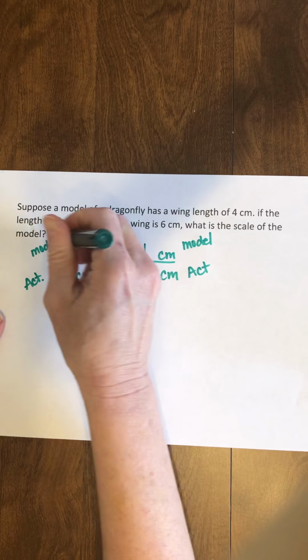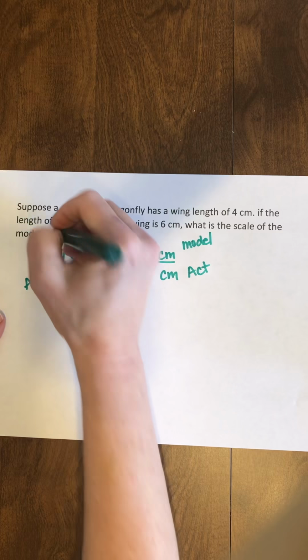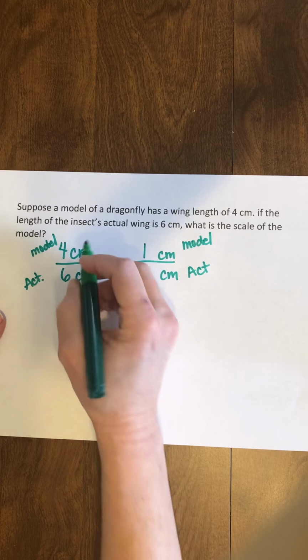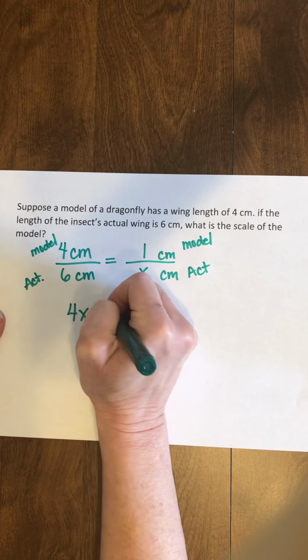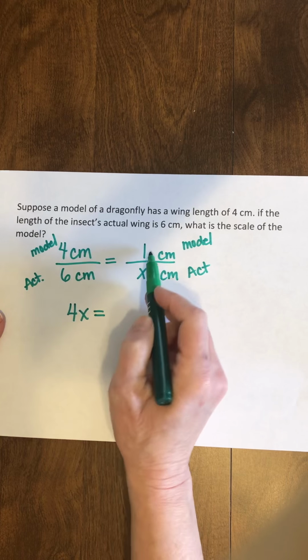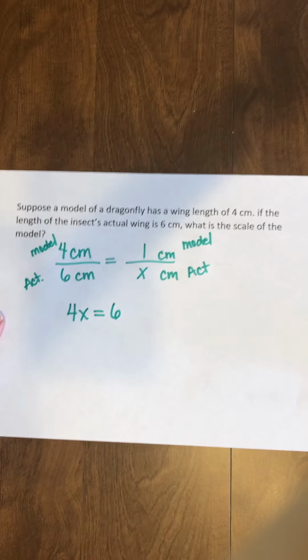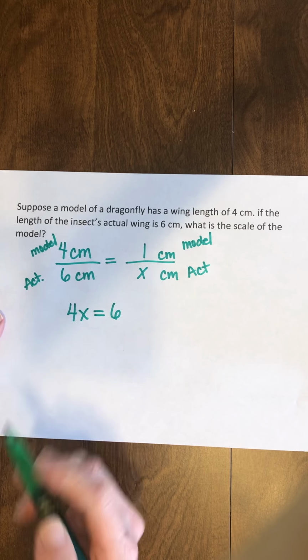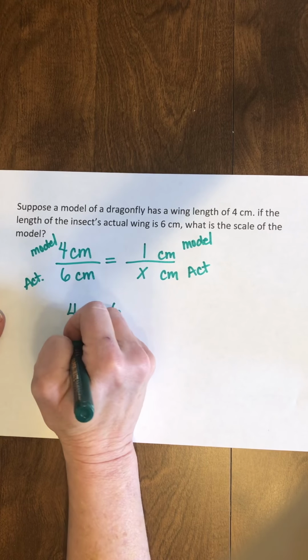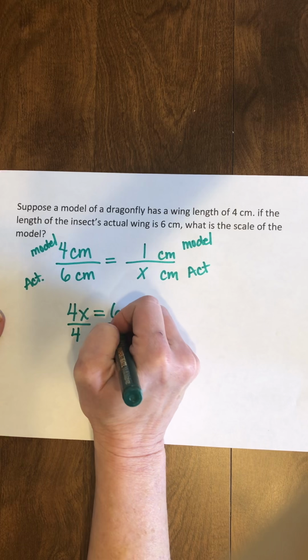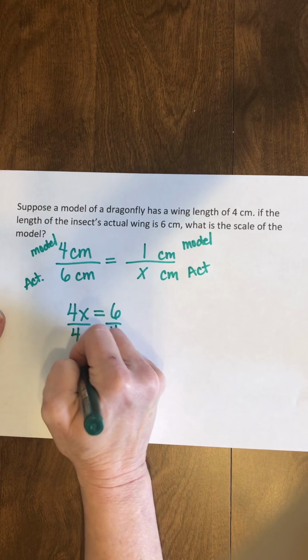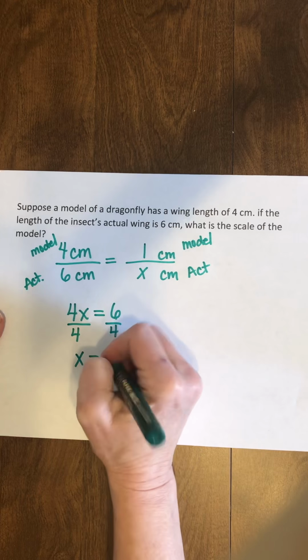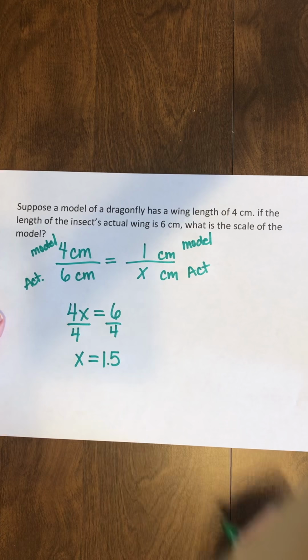So I'm going to cross multiply. I'm going to do this diagonal first. So 4 times x gives me 4x equals 6 times 1, which is going to give us 6. I don't have x by itself because we have the coefficient of 4. I need to divide both sides by that 4, and that's going to give us x is equal to 1.5.